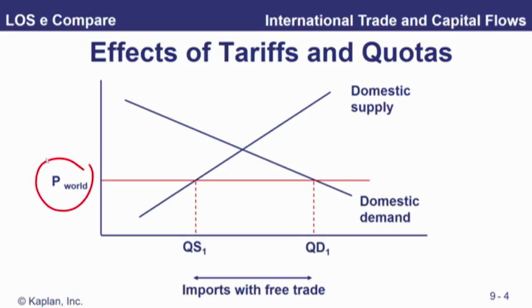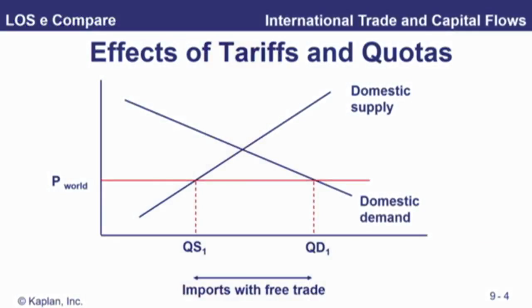That means our domestic consumers will benefit because they can pay just that world price. Here's our domestic supply at that price, so way down here. That's all you're getting domestically. But at that super low price, massive domestic demand. So we have excess demand. How are we going to fill that? Imports. So we allow free trade, and that is your level of imports. And everybody is happy.